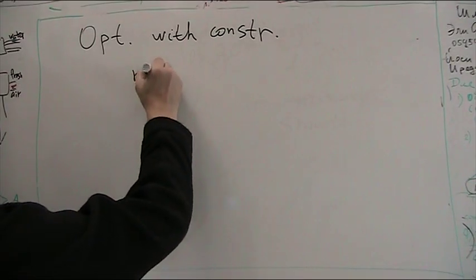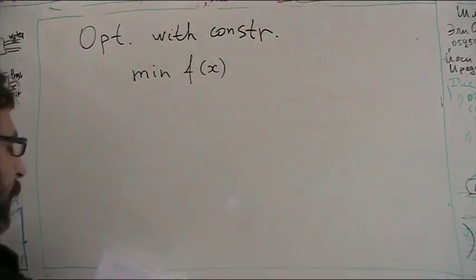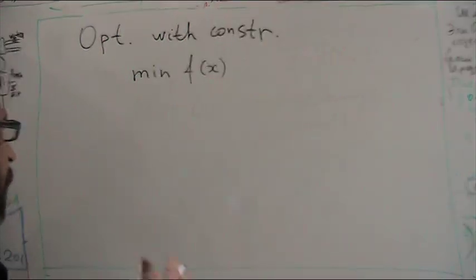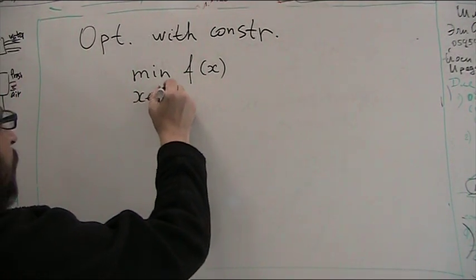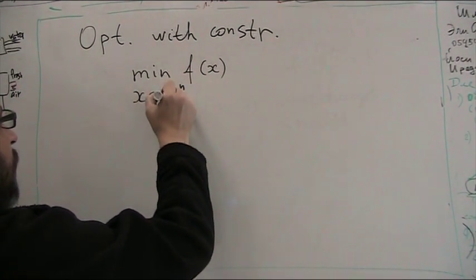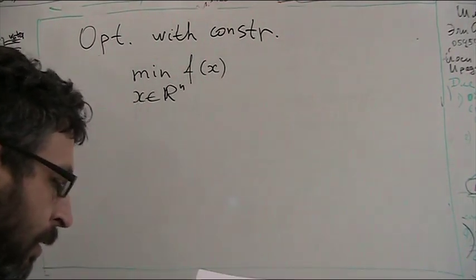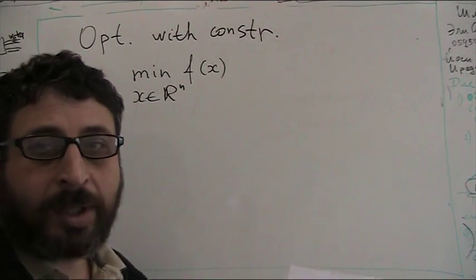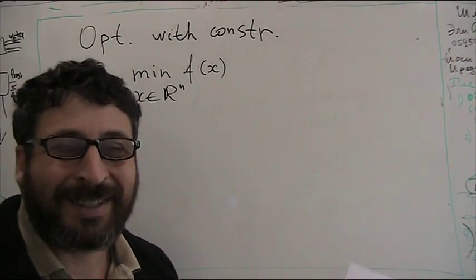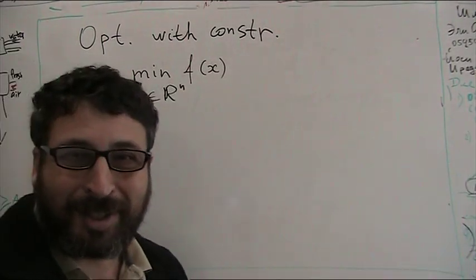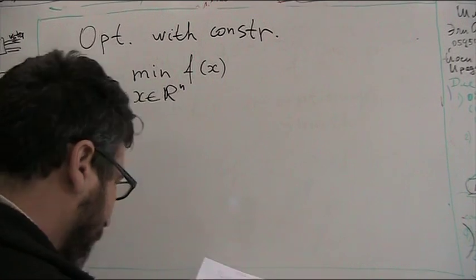Find the minimum of f of x. Again, x is a vector from Rn. But additionally, we will require that some functional equalities or inequalities should be satisfied, which restrict the area of feasible values of our vector x.